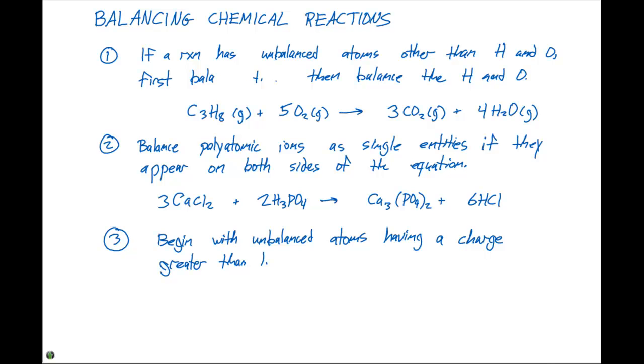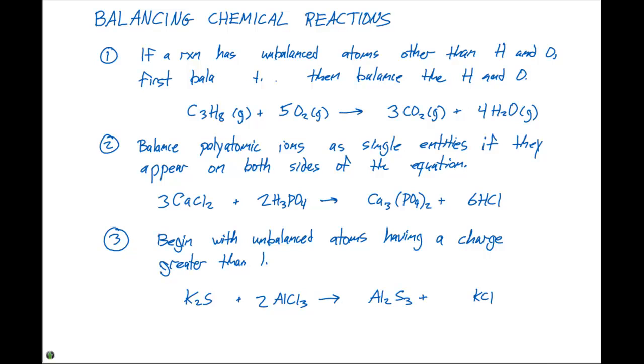So for example, if we have K2S plus AlCl3 giving Al2S3 plus KCl, the first thing we're going to look into balancing is the one with the largest charge, which in this case would be aluminum. On the right hand side we have 2 aluminums, on the left we only have 1. So we want to put a 2 in front of the AlCl3.